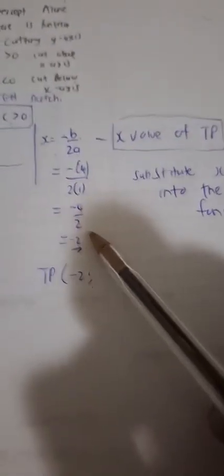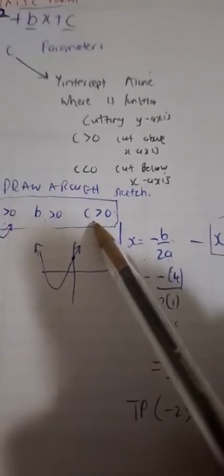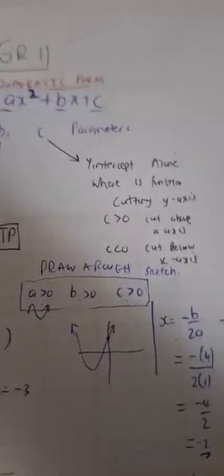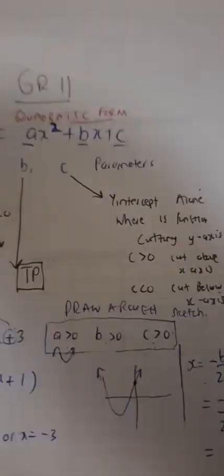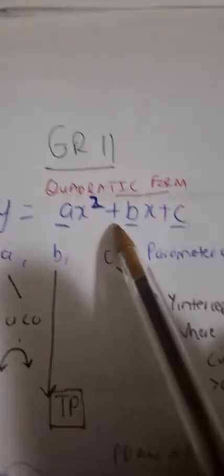So our turning point is no longer the y-intercept. Our turning point is different from the y-intercept in grade 11. And this is very important.